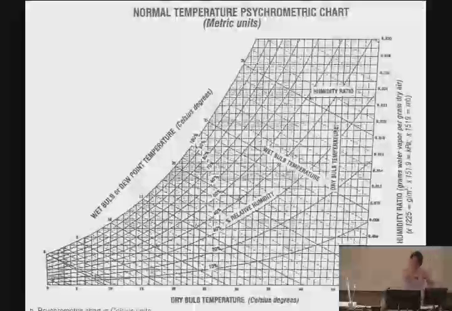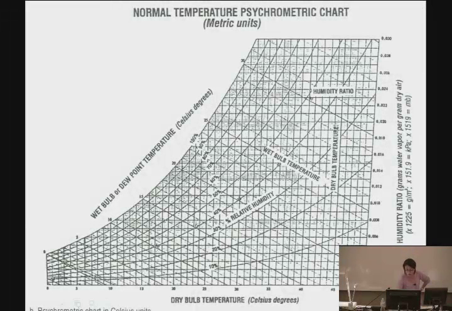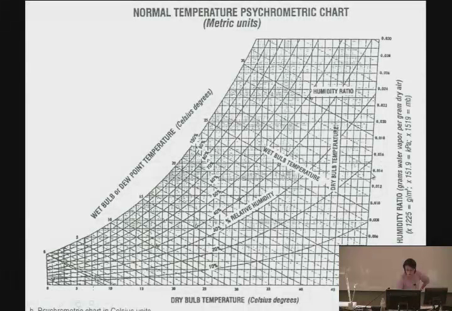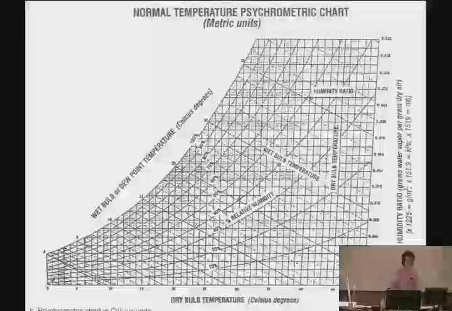So it's just a little process you need to do. But anyway, the curves are percent relative humidity, and the diagonal lines are wet bulb temperature. So again, as long as you know two values, you can find either humidity or vapor pressure or VPD.